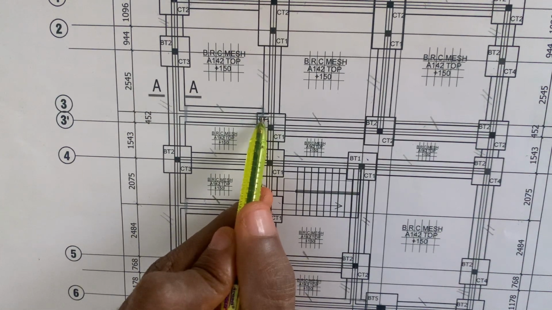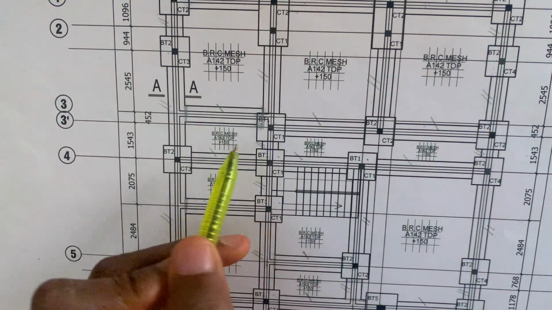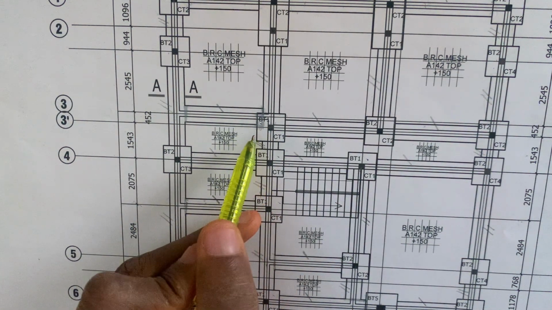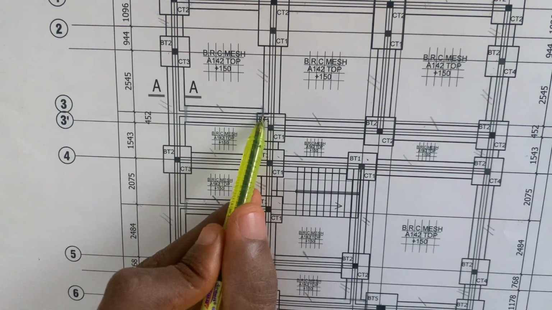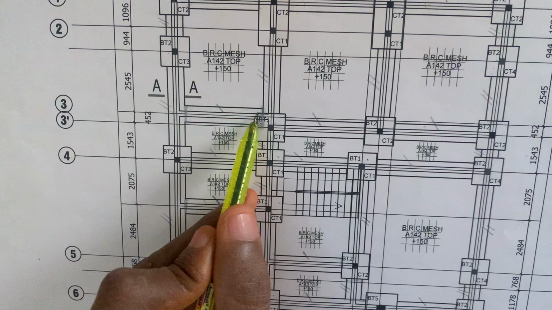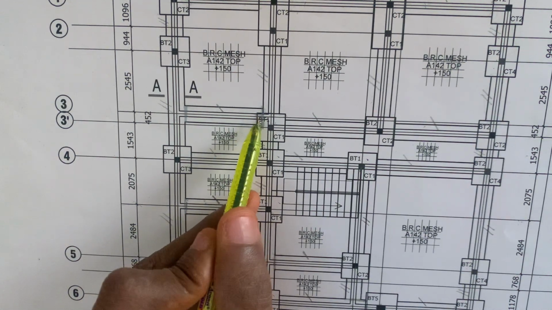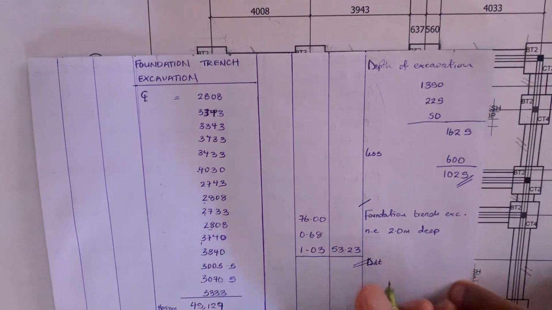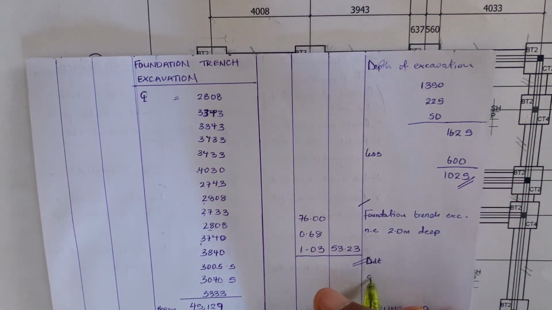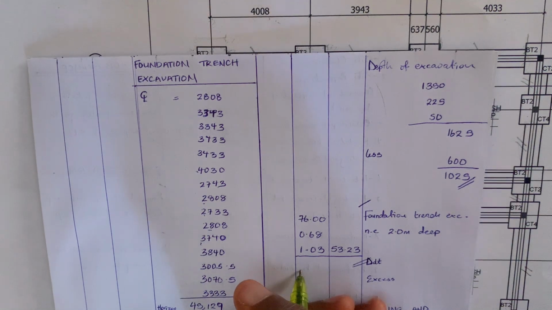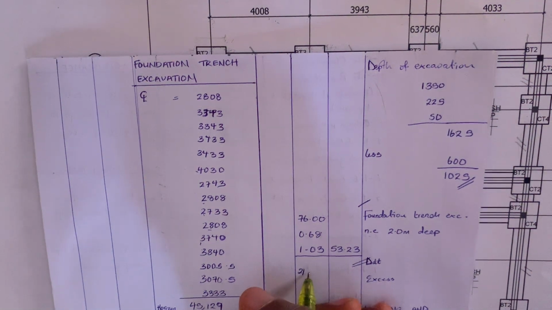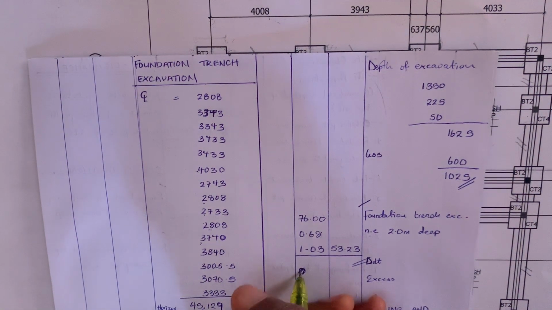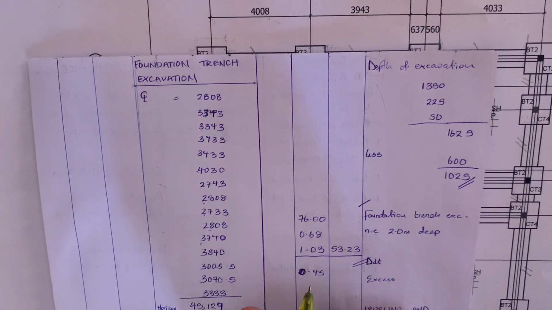So all we just need now is to get our depth. And the depth of our trench we calculated before is 1025. So now we're going to be deducting that volume, since we've gotten our length, our width, and our depth for this small area. So we'll now deduct the excess, which is giving us 450, that's 0.45.